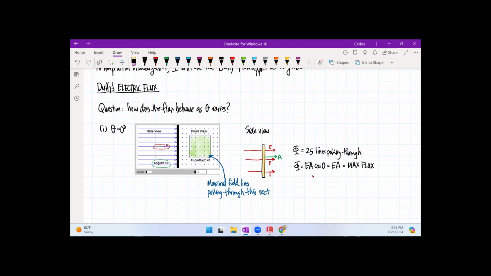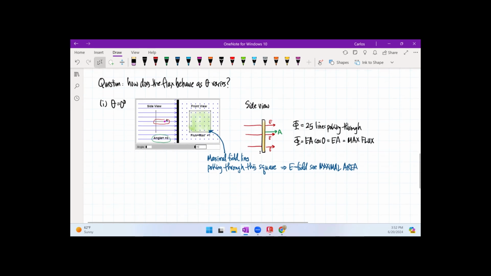Or square, maybe I should say square. In other words, the E fields see maximal area. So they're seeing this rectangle.